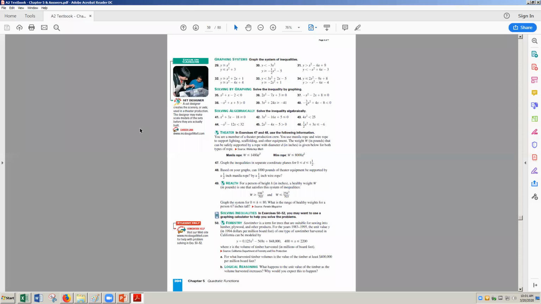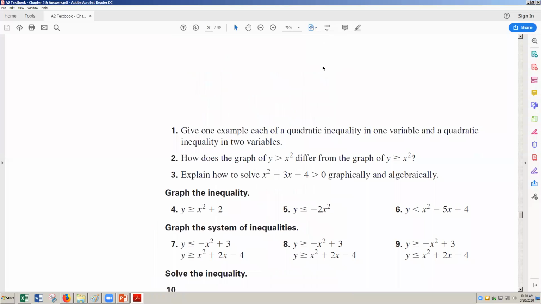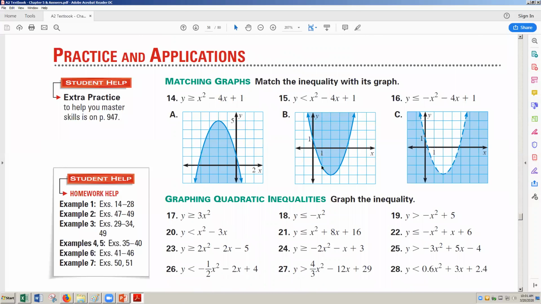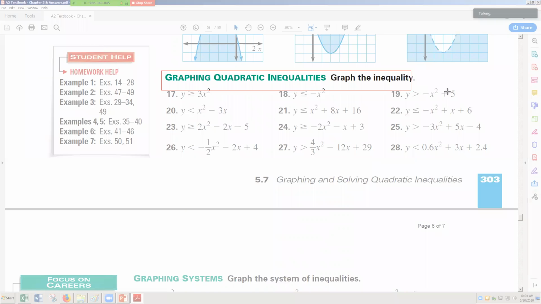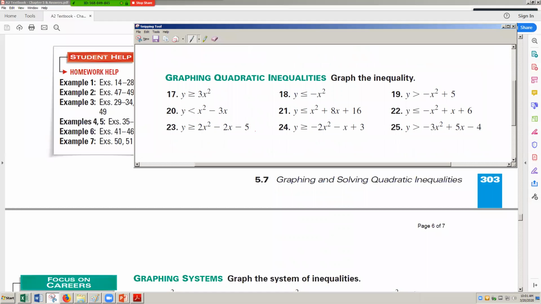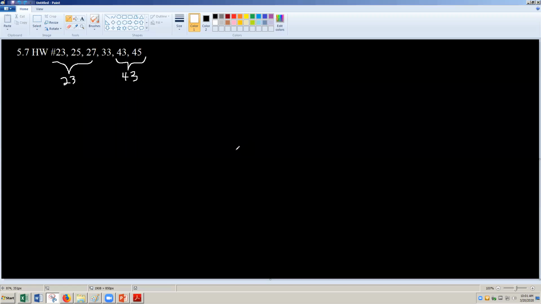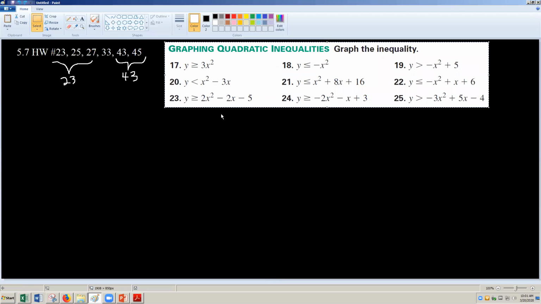So the first one we're going to start out with is 23. So let's grab that one here. So again, we are going to start out with this one.